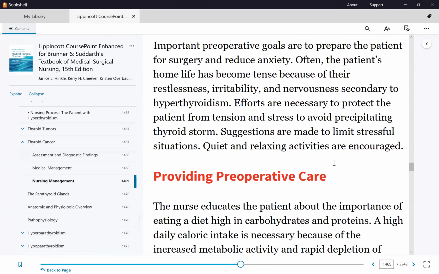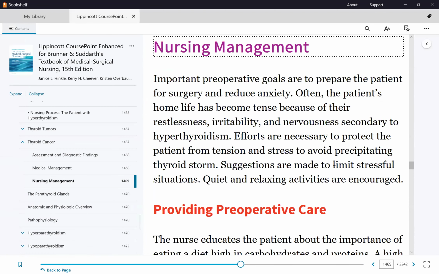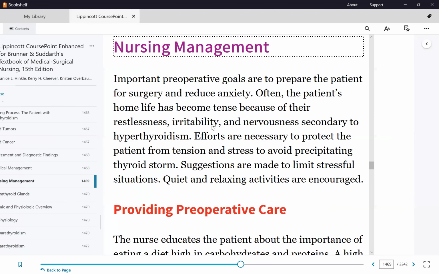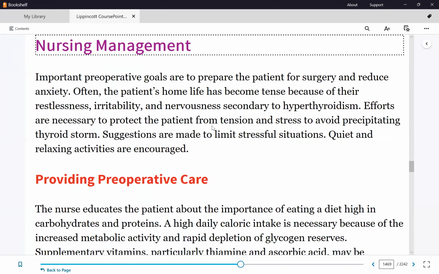Did you see where I went? So for pre and post-op care for thyroidectomy, it's under thyroid cancer. It's not under hyperthyroidism. Page 1469. All right, so here we are, we're preparing the patient for surgery and then receiving them after surgery. So we're only concerned with pre and post-op care.